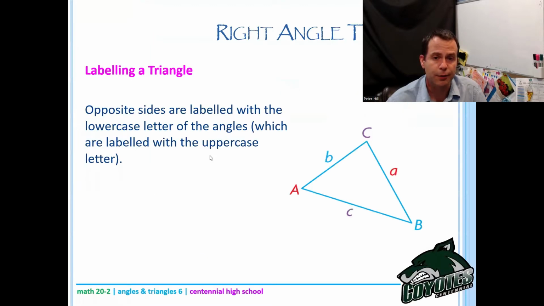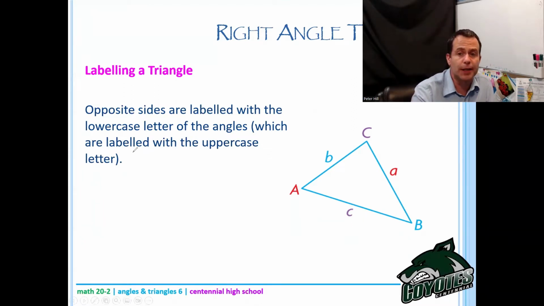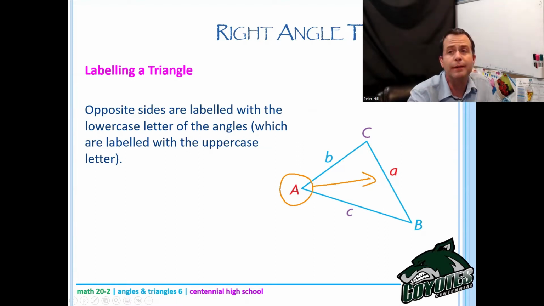Labeling a triangle, first of all: opposite sides are labeled with the lowercase letter of the angle, and the angles are labeled with the uppercase letter. So this is angle A. Opposite angle A is side A. Now when we say opposite in math, what we're doing is putting our pencil in the corner of the angle and drawing away from it.